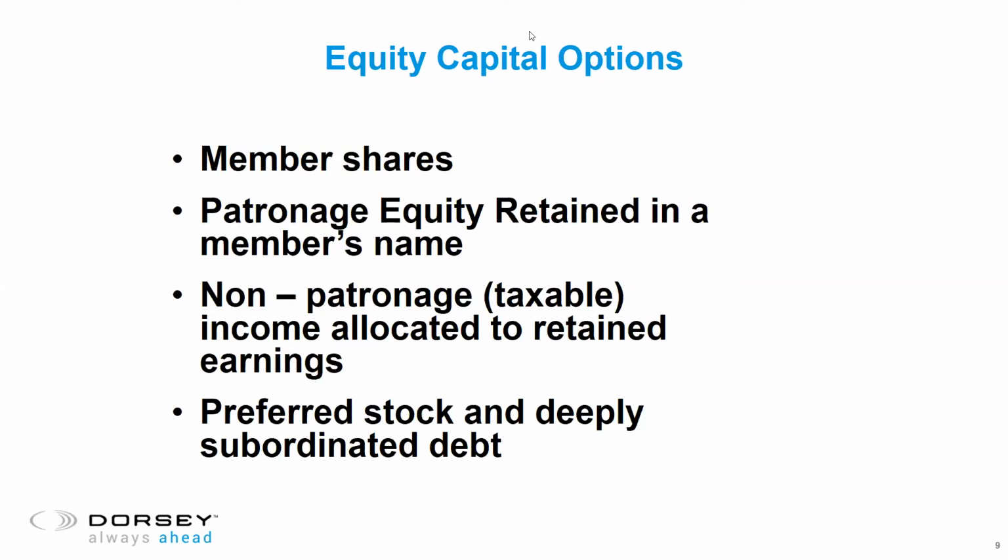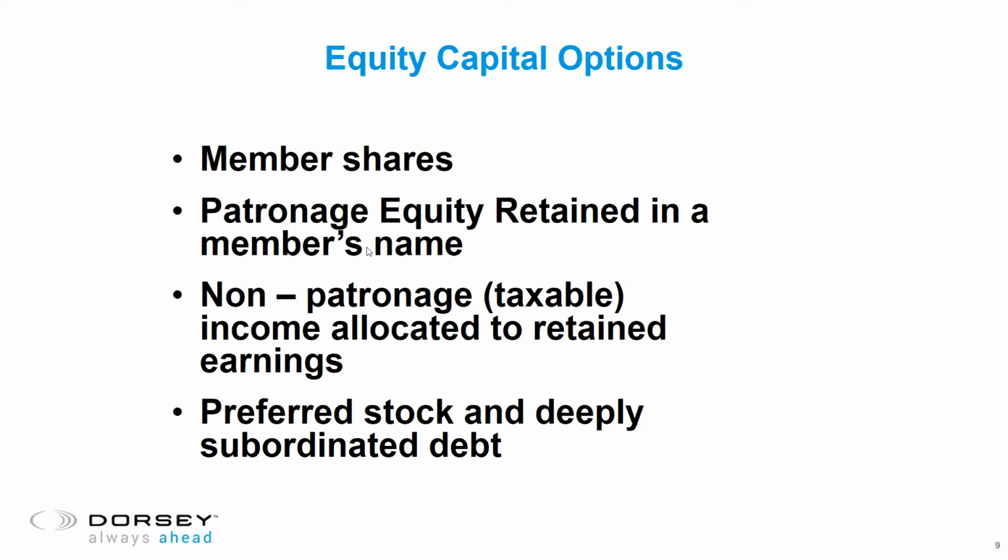From a tax standpoint, preferred stock is clearly equity. From an accounting standpoint, subordinated debt, it just depends on the terms of the subordinated debt. But subordinated debt is going to be classified as debt on a balance sheet, and it's going to be treated as debt for tax purposes.